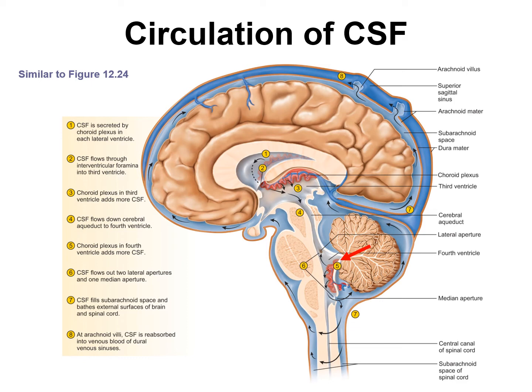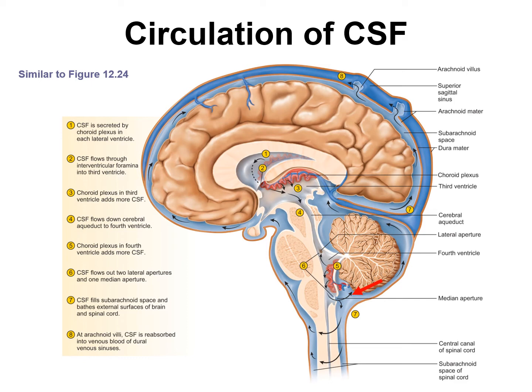From the fourth ventricle, cerebral spinal fluid passes through 3 apertures, 2 lateral and 1 medial, into the subarachnoid space.